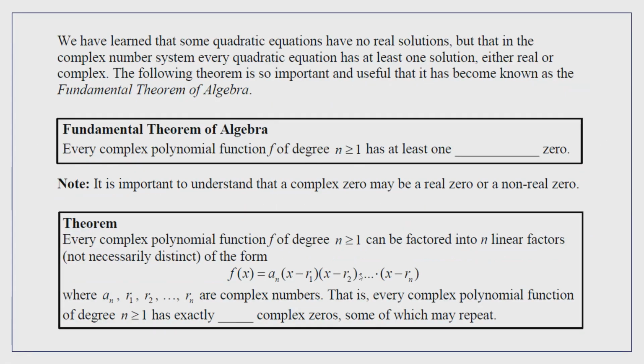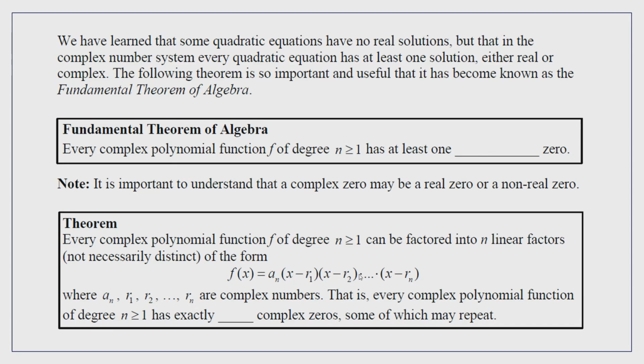So we've learned that some quadratic equations have no real solutions, but that in the complex number system, every quadratic equation has at least one solution, either real or complex. The following theorem is so important and useful that it has become known as the fundamental theorem of algebra.